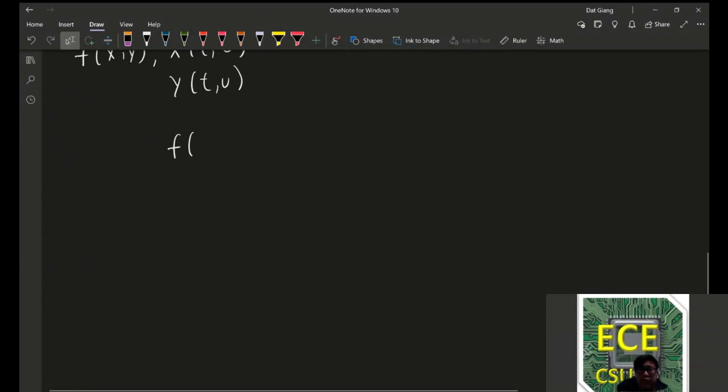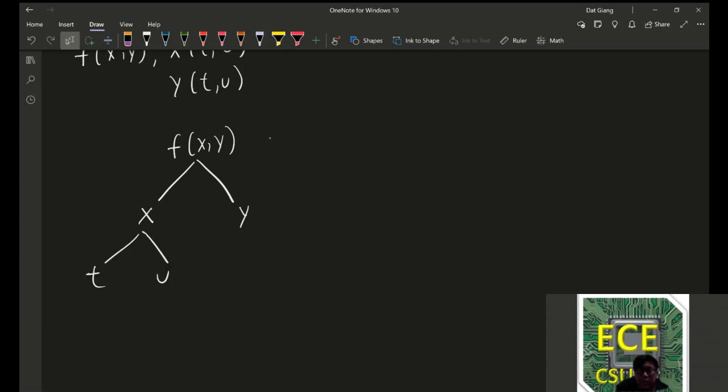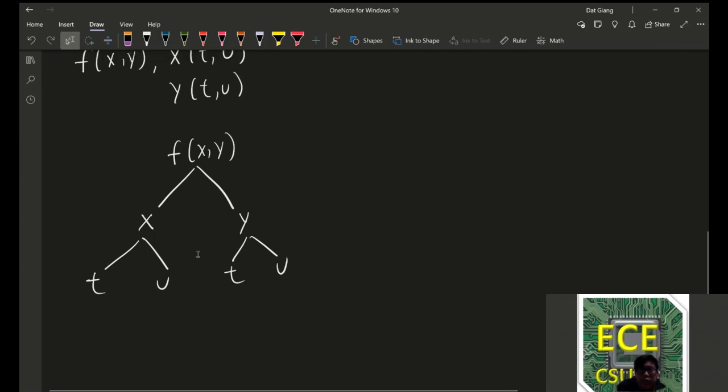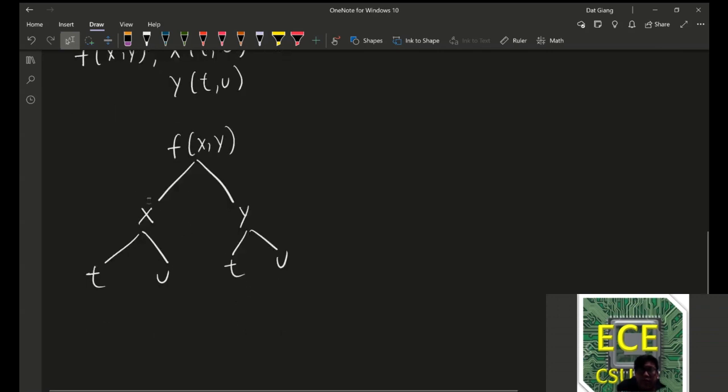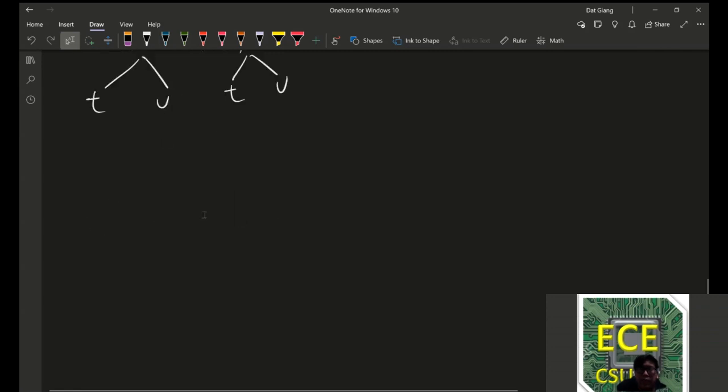The way we do this is, first, start with f of x, y, branch it with its two variables, and branch it again with t and u. Now, because we have two potential branches that we can go off to right after x and y, we have to use a partial derivative.